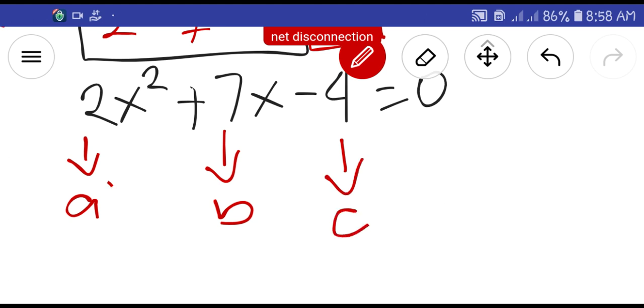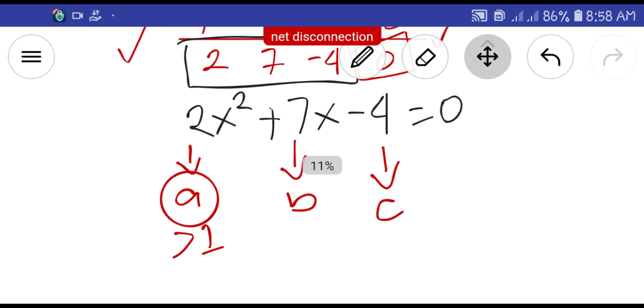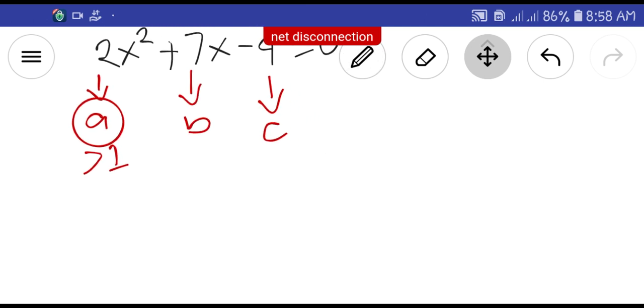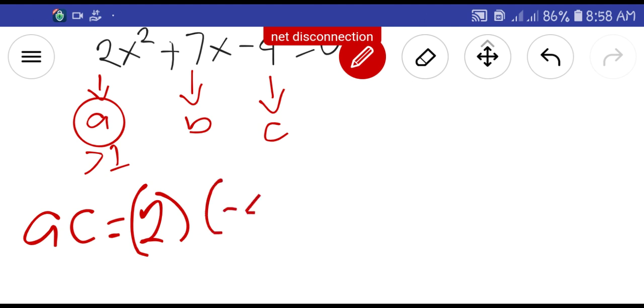And note that the value of a is bigger than 1, right? So the step to factor this one is you will need to multiply first the value of a and c. So the value of a is 2 and the value of c is negative 4 and the product is negative 8.